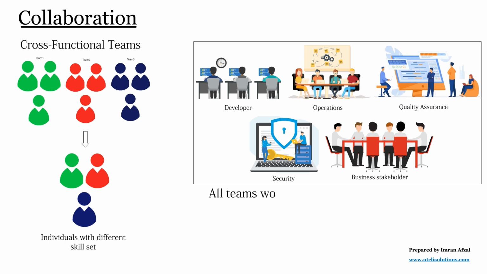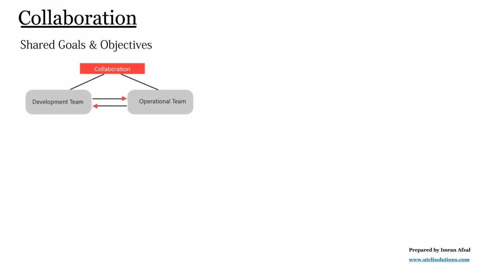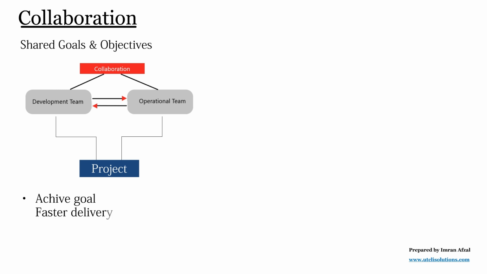These teams work together on a shared goal, and that goal is to deliver high quality software or applications. Then shared goals and objectives. The purpose of the collaboration is that teams have a common understanding of goals and objectives of the software development and delivery process. Teams align their efforts to achieve their determined aims, which are faster delivery, improved reliability, and enhanced customer satisfaction.